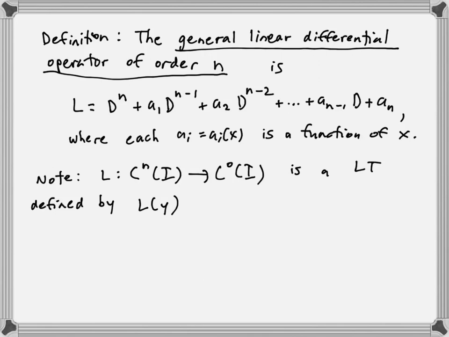Well, if you apply it to y, what you end up with is, so the way that you apply that map up there to a y is you just take that many derivatives and you multiply as necessary.